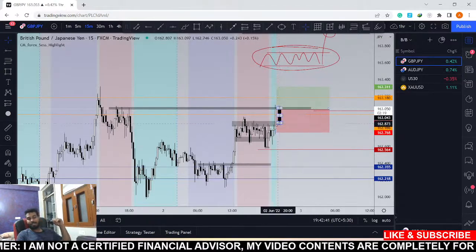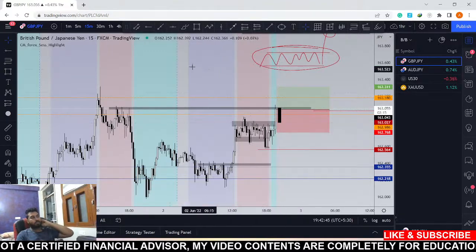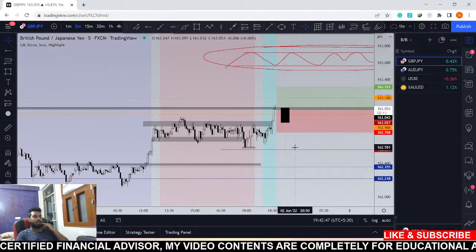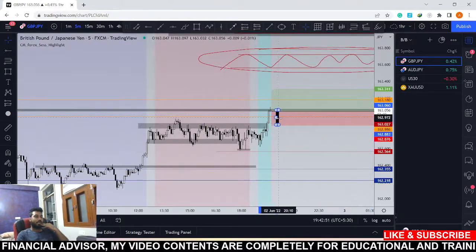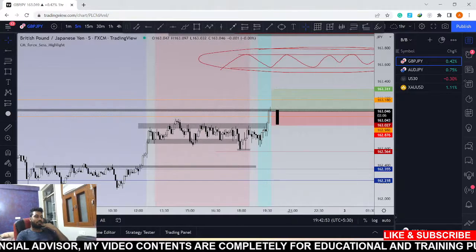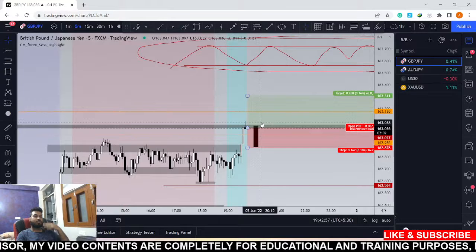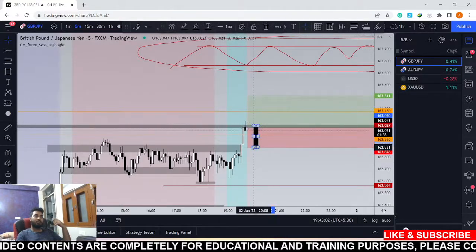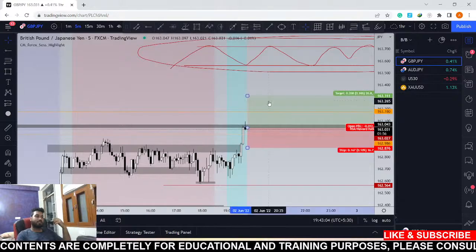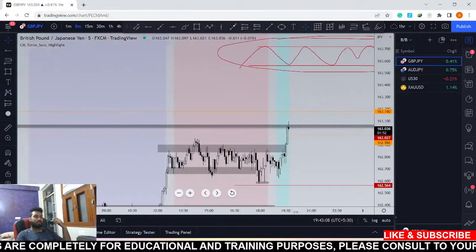If you place your stop loss below this 5 minute candle, and this is a false breakout, then the next candle will come and take your entire loss, take you out from your entire position. You will not be able to minimize your risk. That is why I like to place my stop loss below 15 minutes.